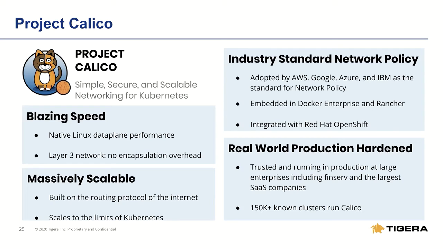In terms of network policy, we are the industry standard. So if you go out there and use any of the managed Kubernetes offerings, if you'd like to use EKS or AKS or GKE or Anthos, even IBM IKS, they all embed Calico within their offerings for our network policy features.